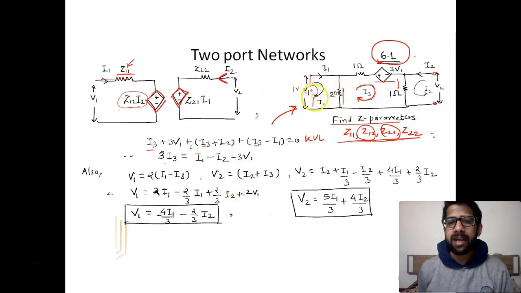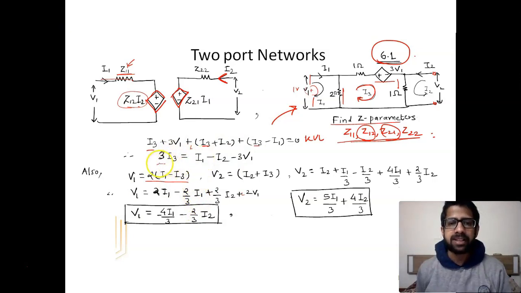Also, I am going to apply KVL in this loop and also in this loop. Applying KVL in this loop gives me V1 is equal to 2 ohms into I1 minus I3. So this is the equation while I apply KVL in this loop. If I solve this, V1 is equal to 2I1 minus 2 into I3, and putting the value of I3, minus 2 upon I1 by 3.